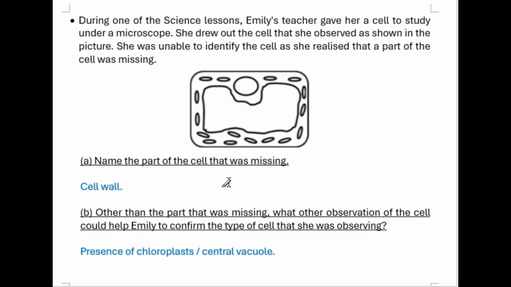During one of the science lessons, Emily's teacher gave her a cell to study under a microscope. She drew out the cell that she observed as shown in the picture. She was unable to identify the cell as she realized that a part of the cell was missing.